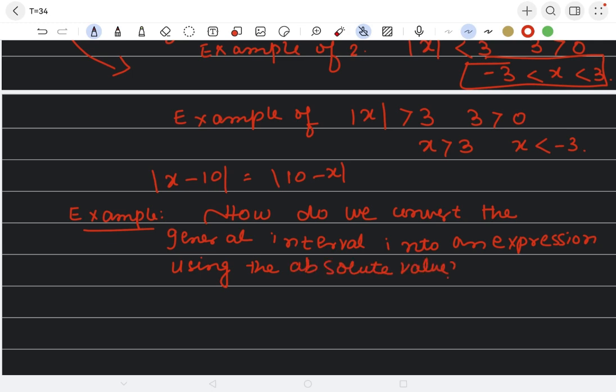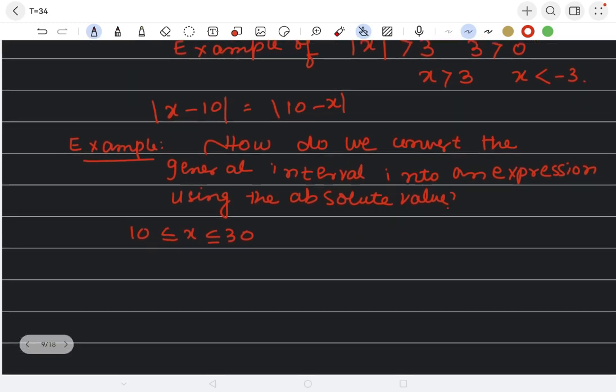For example, they have given us an interval which is between 10 and 30 and they want us to convert it in the format of absolute value. You need to know the formula. What is your formula? That is x minus midpoint.